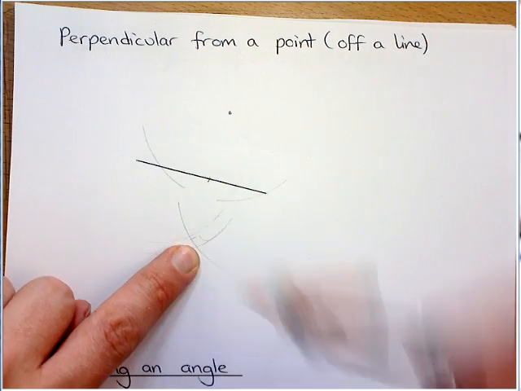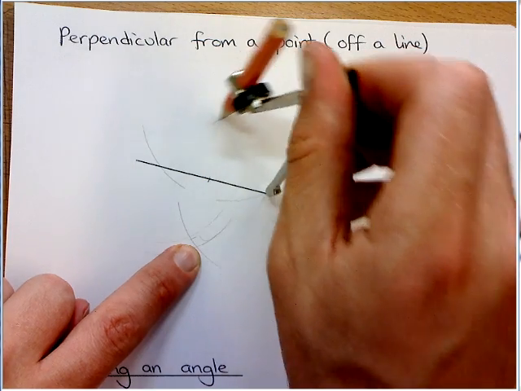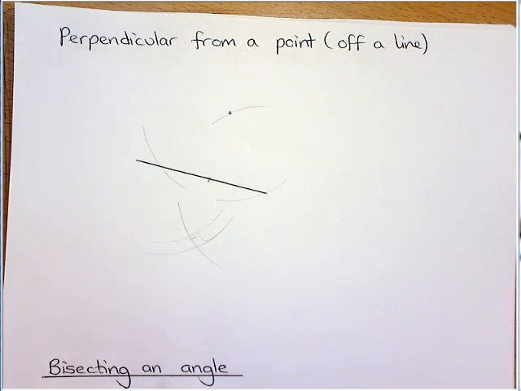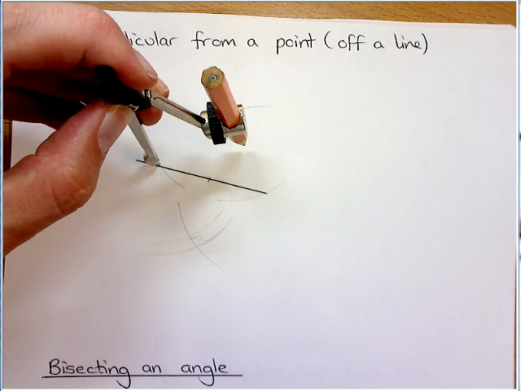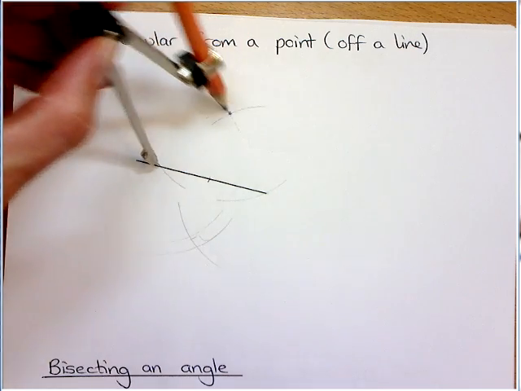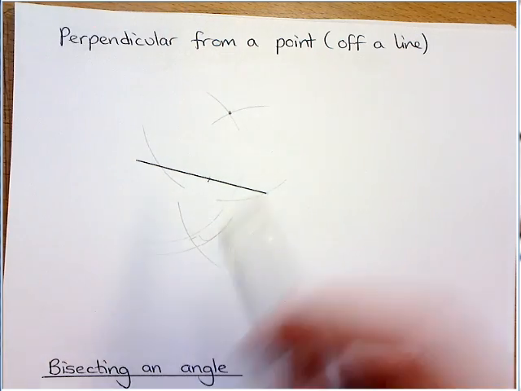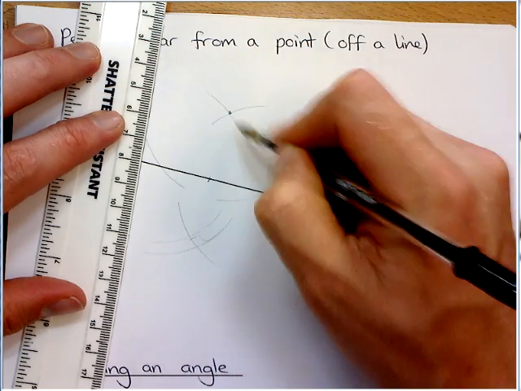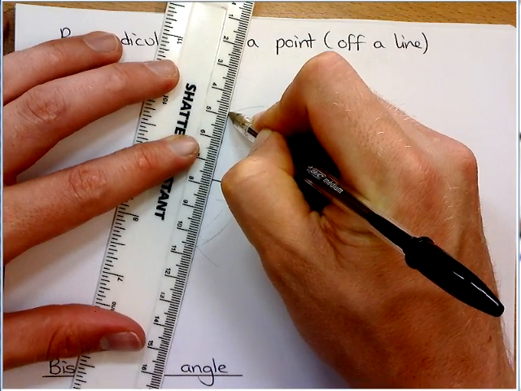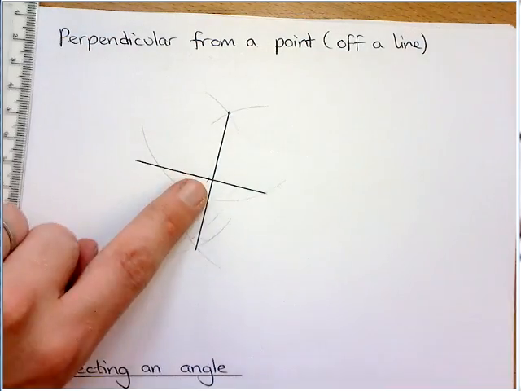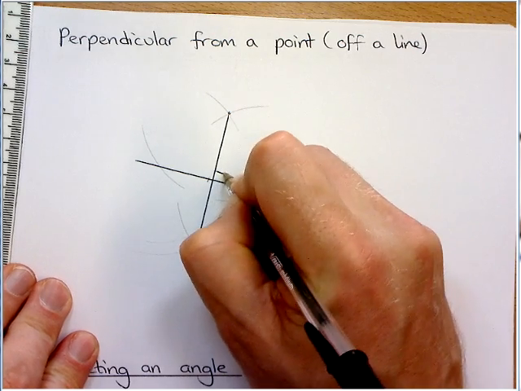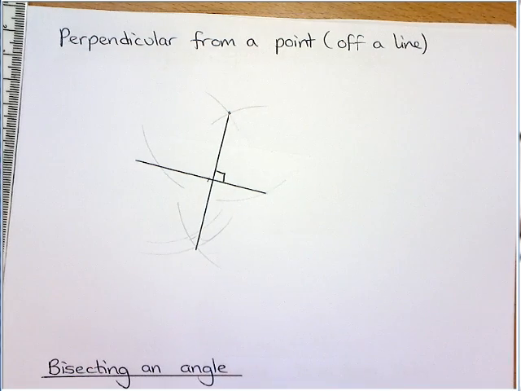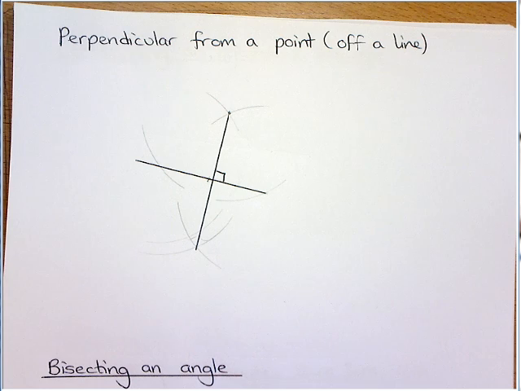So there's my point there, but if I do it above, it should hit the actual point that I started with. It's just a nice thing to do, just for an extra bit of confidence you've done it right. So if I line these two up, see, I missed it on my earlier judgment, but that is a right angle.